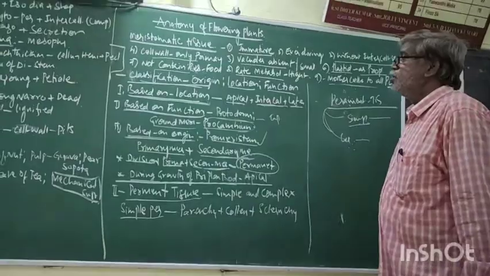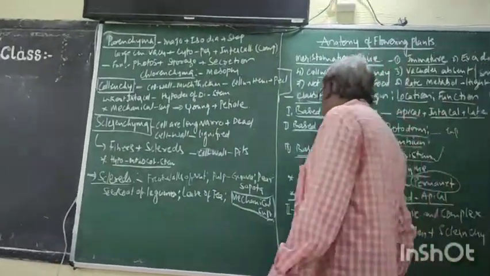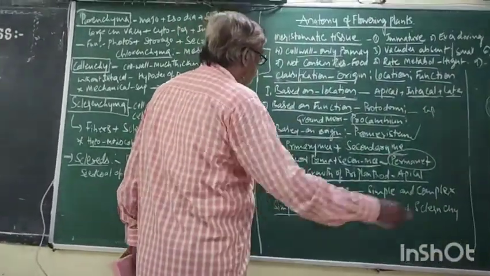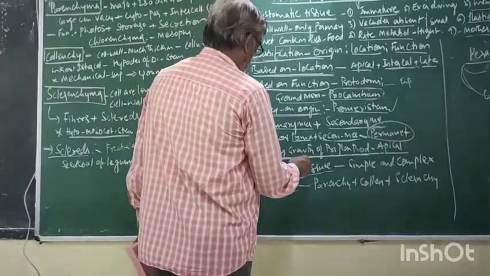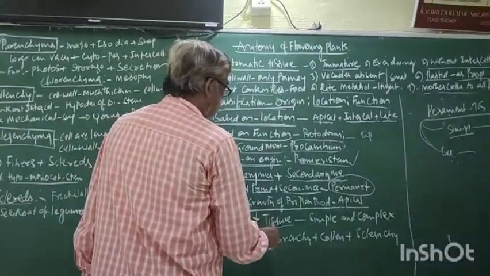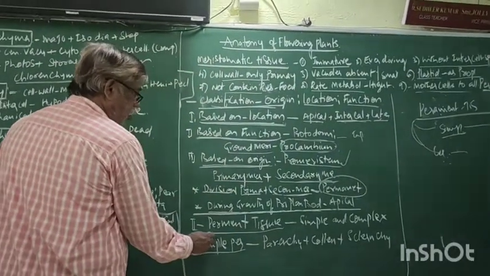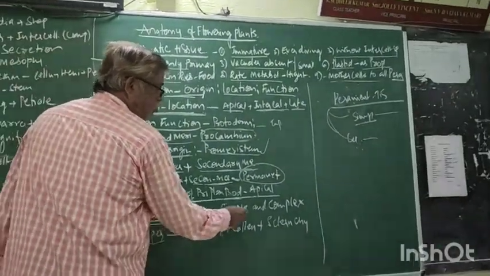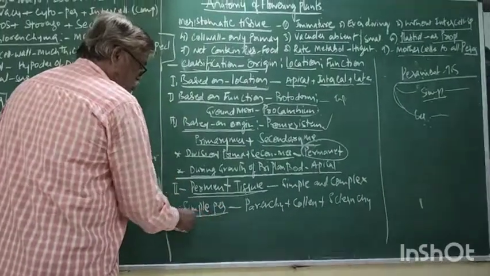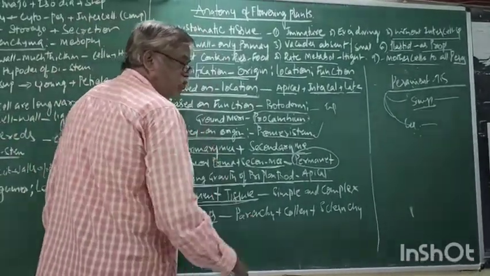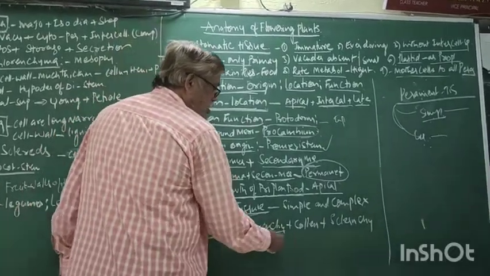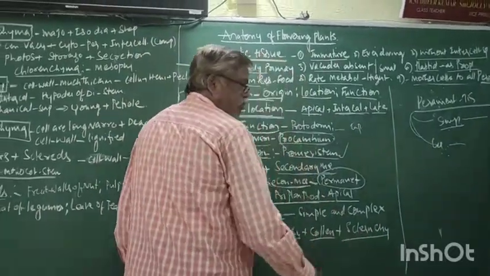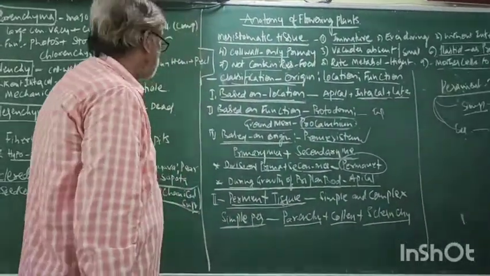Now come to the simple permanent tissue. Simple permanent tissue is again based on cell structure and function: parenchyma, collenchyma, sclerenchyma. Now come to the characters of parenchyma.